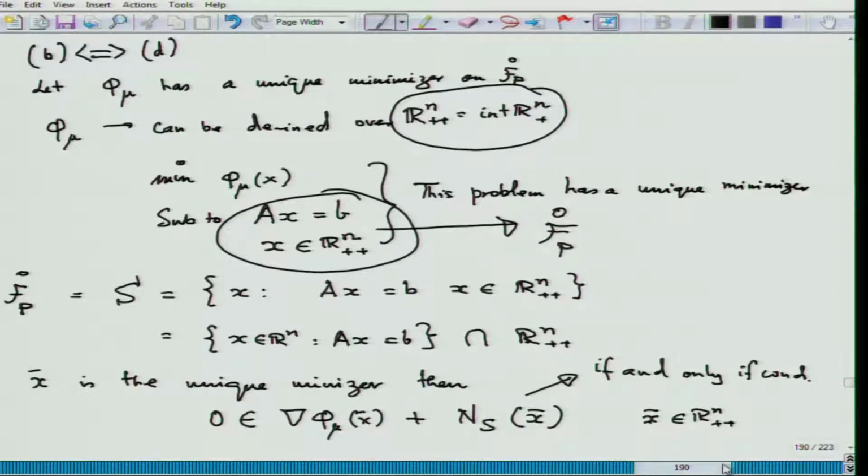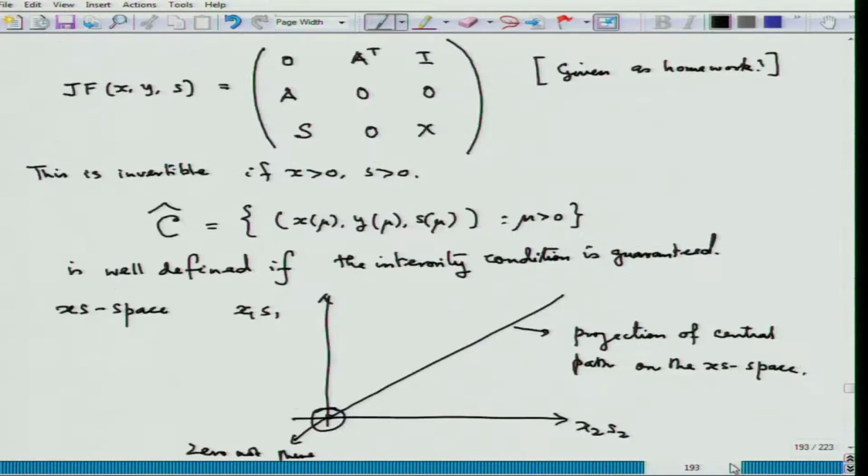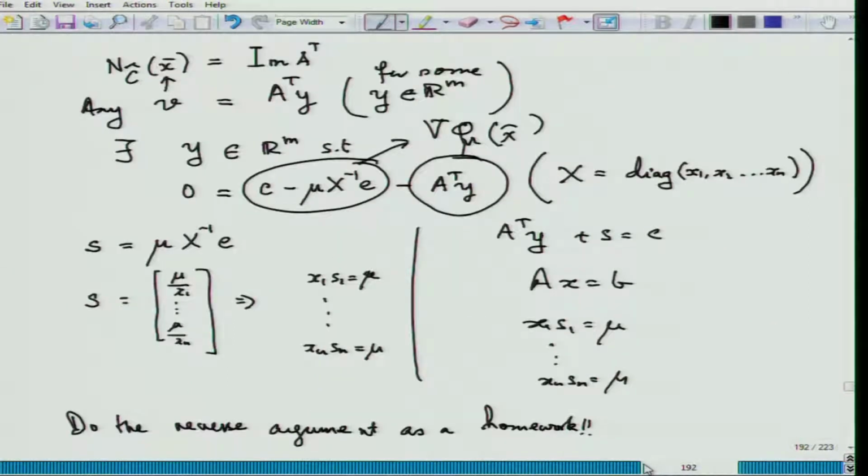Instead of y, I am just replacing y by minus y, it does not make much of a difference, just for simplicity. You can say there is a minus y in Rm such that this holds.